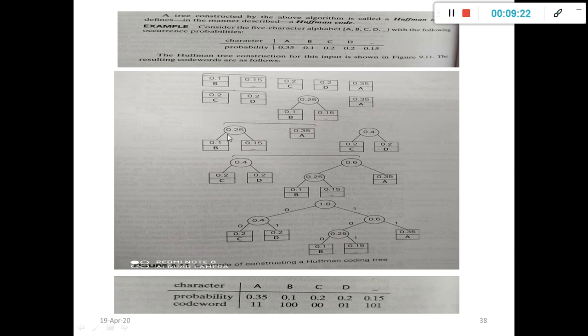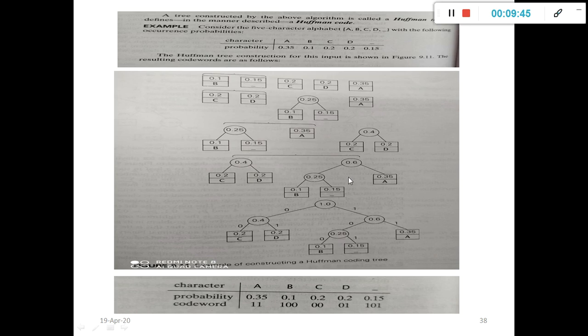Next, again you have to choose the values with the smallest probability. Among 0.25, 0.35 and 0.4, 0.25 and 0.35 are the smallest values. Then add these smallest values 0.25 and 0.35 and generate a new tree as shown here.